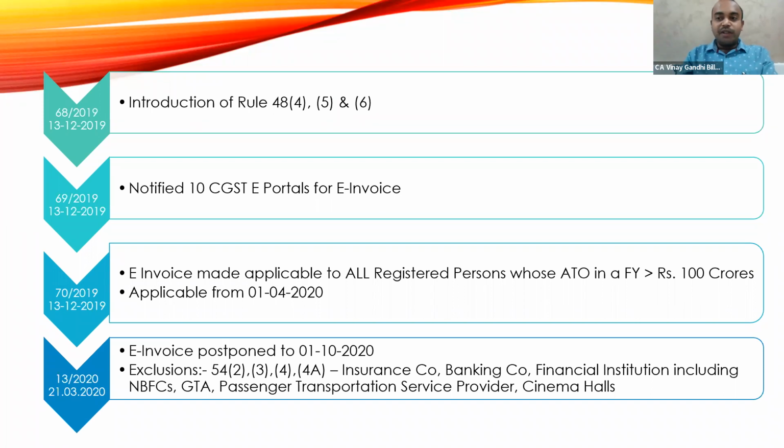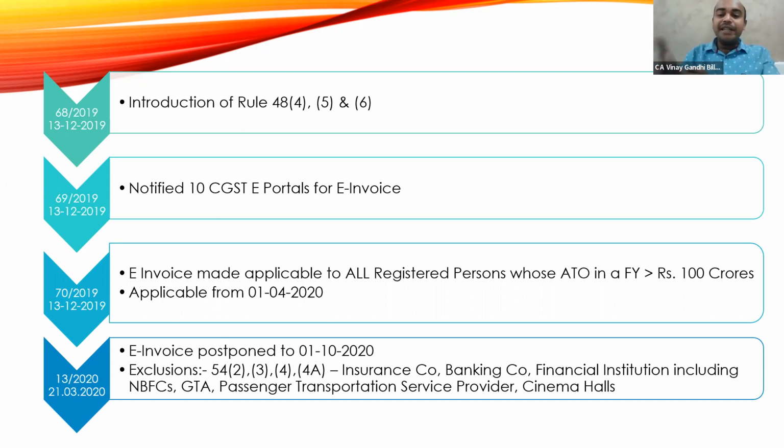But again, as we all know, due to the COVID-19 pandemic in March 2020, they postponed it to October 2020. See, everything in GST is almost like a complete package, and again they're giving exemptions and some other concessions in the implementation.